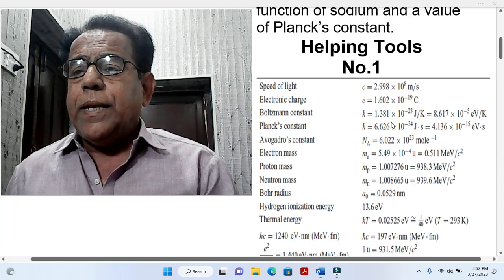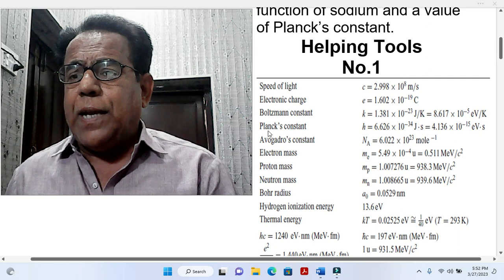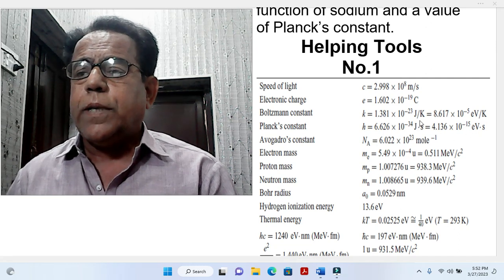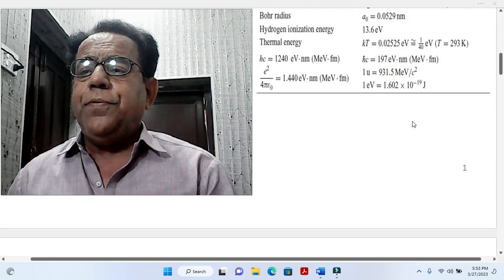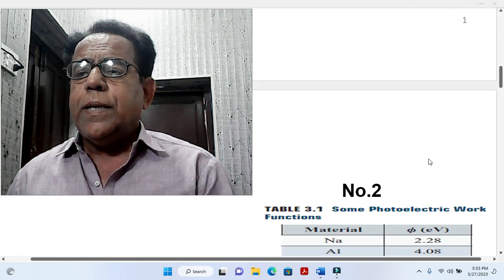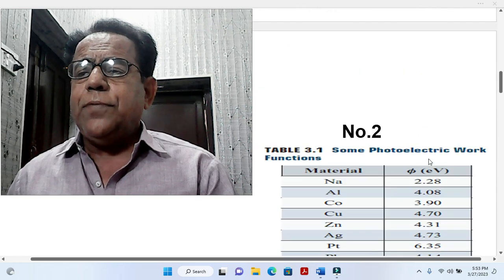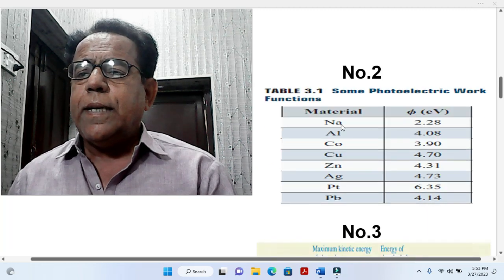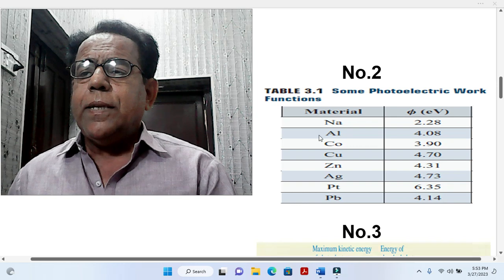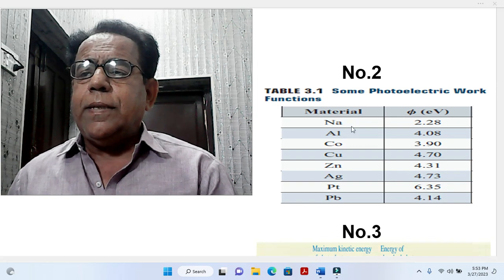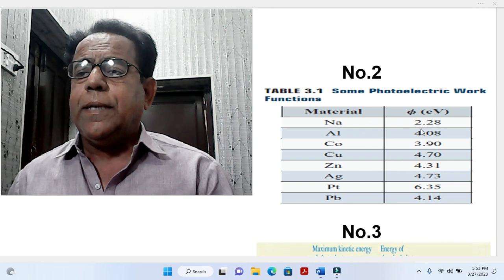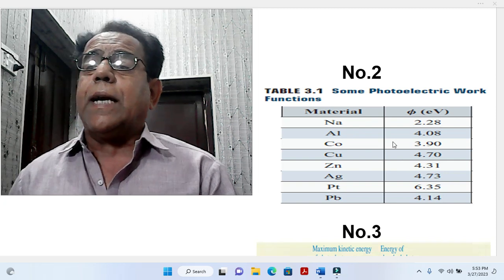Number 1, we have to calculate Planck's constant. And second, we are required to find the photoelectric work function of sodium, Na, whose work function phi is 2.28 electron volt.